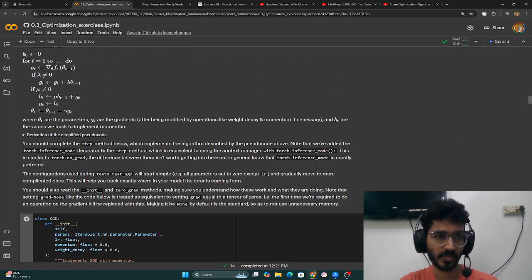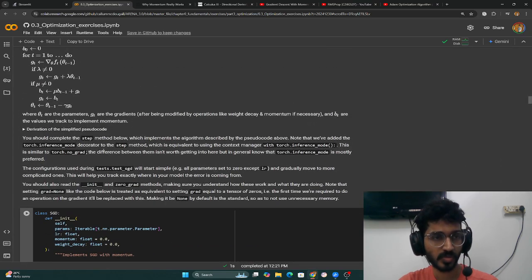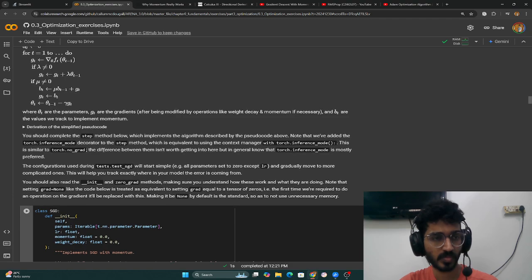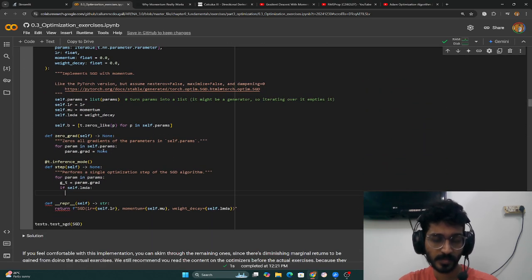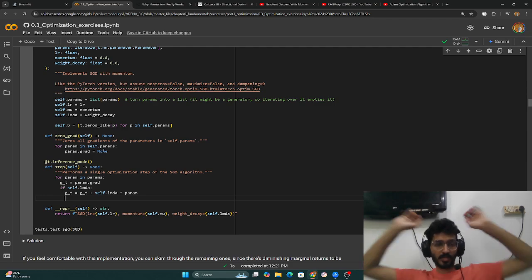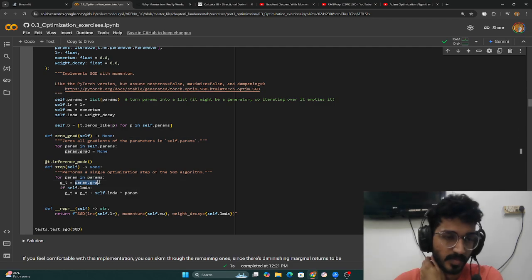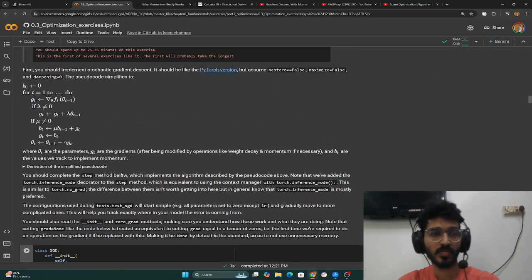We apply weight decay to the gradient. So this is not modifying the param.grad in place. So that's what we want.